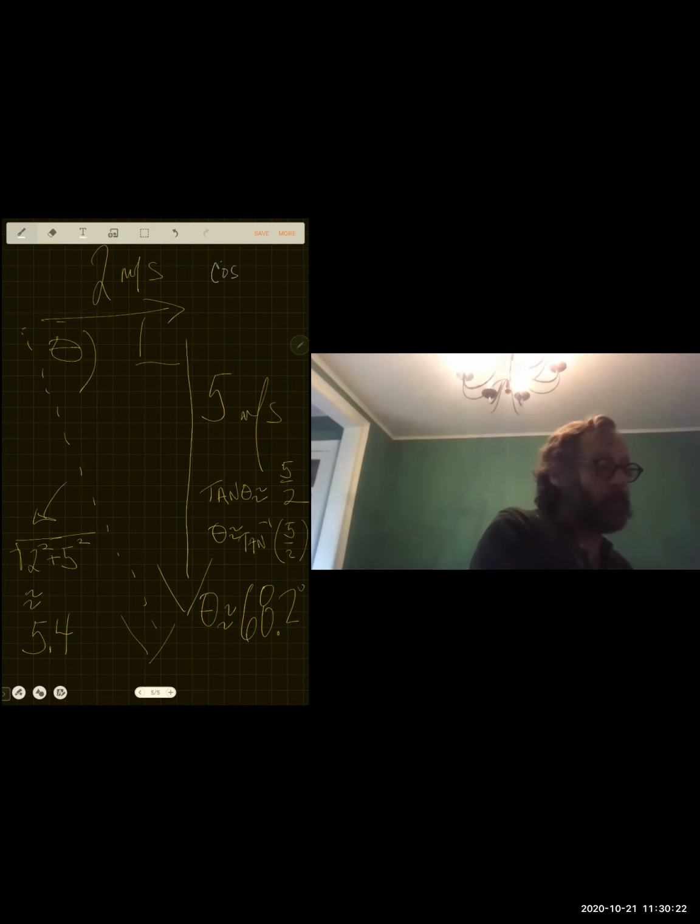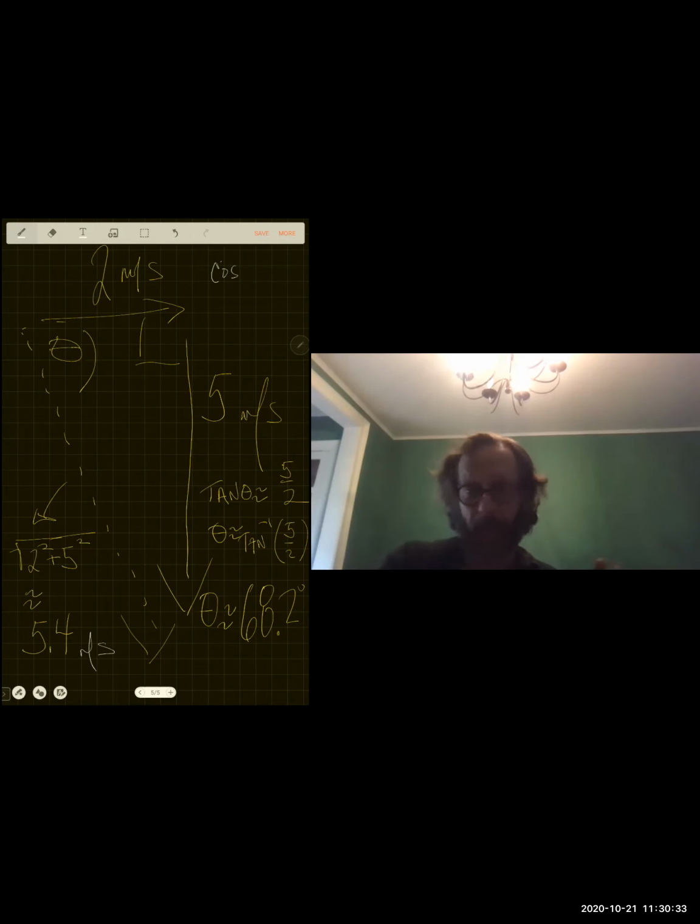So then this hypotenuse, according to math, is certainly 5.4 units long. And by the way, we'll talk about what that means. If those two other legs are velocities, then that hypotenuse is a velocity. Each one of these velocities exists at a moment in time and at a point in space.